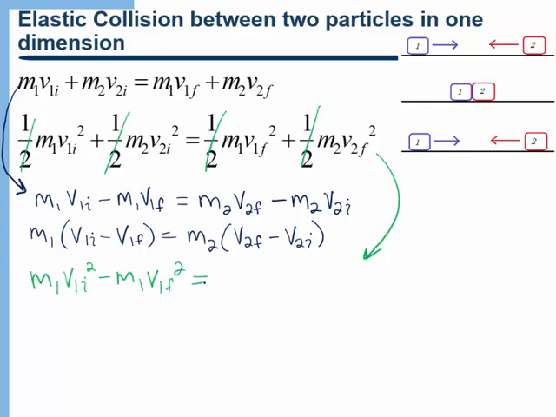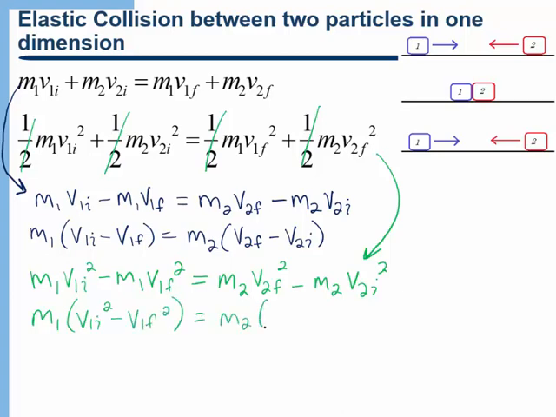And then I'm going to gather the m2 terms on the right: m2 v2 final squared minus m2 v2 initial squared. And then again, I'm going to factor out the m's. So I get m1 times (v1 initial squared minus v1 final squared) is equal to m2 times (v2 final squared minus v2 initial squared).